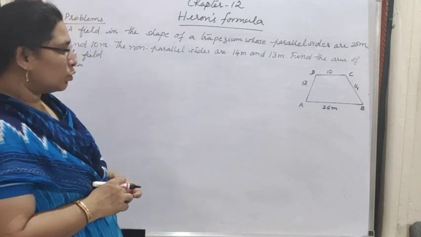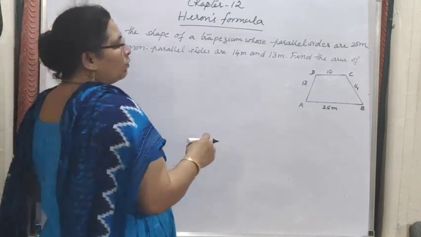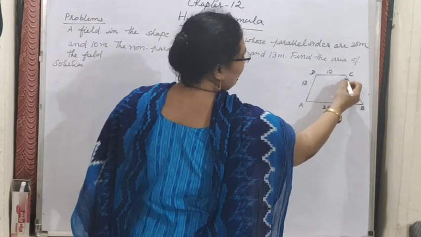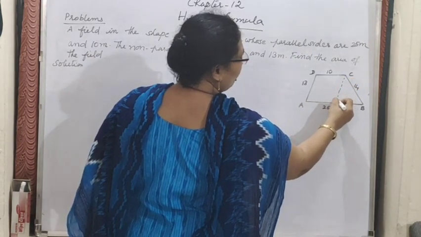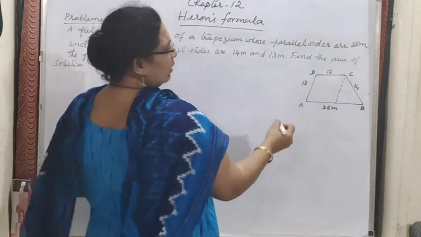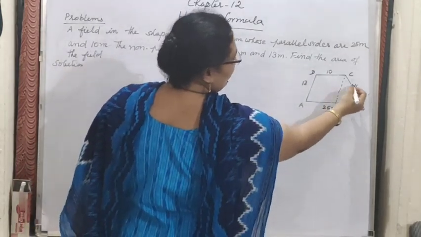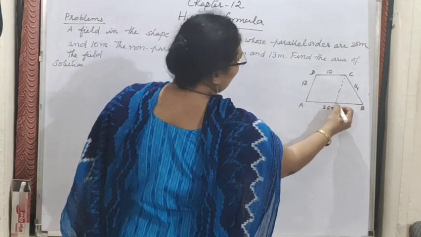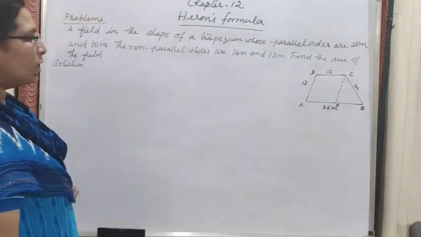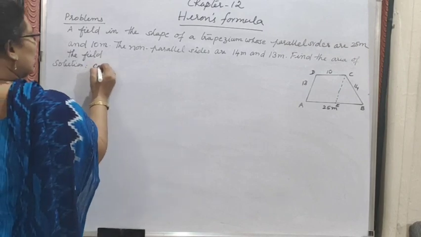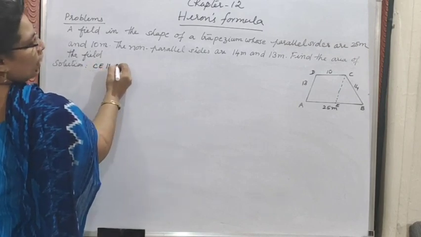So what we should do here is draw a line such that it is parallel to AD. So we are getting it here. AC, I'll write here, since D is already used. So what is the construction to be done? We have to draw CE parallel to AD.